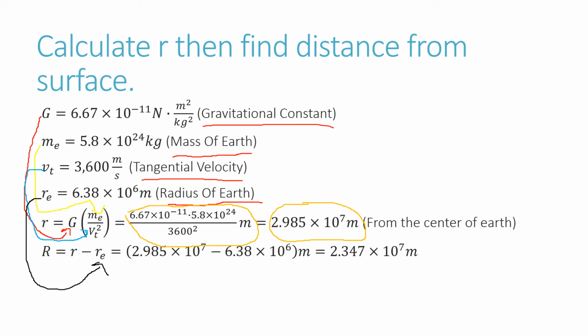We just solved for the r right here, and subtract those two, and you should get this number right here, which is part A of the problem. And with this, we can start to work on the next part.